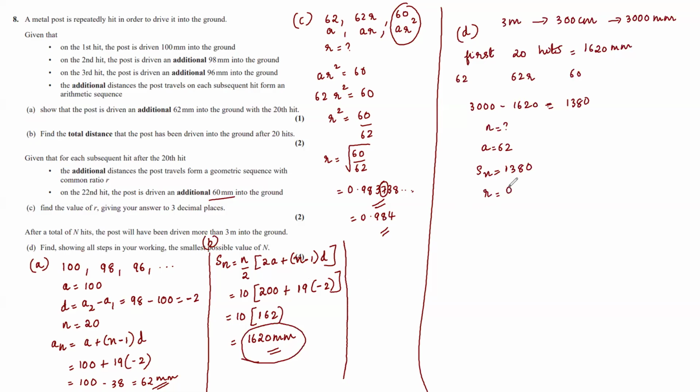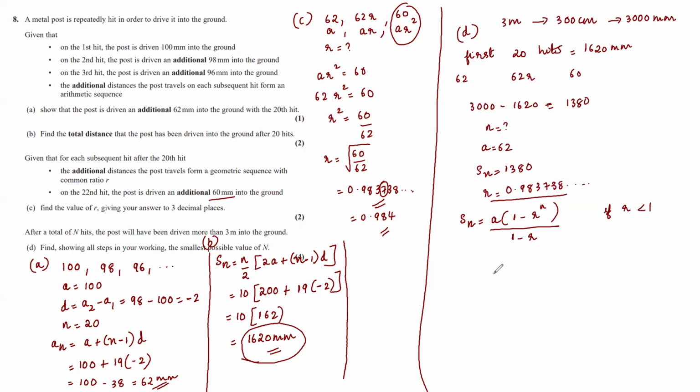And R we already got the value as 0.983738. It goes on like that. Now let's substitute in the formula for the sum of n terms of a geometric sequence, which is A into 1 minus R to the power of n divided by 1 minus R, if R is less than 1. In this case, R is less than 1.